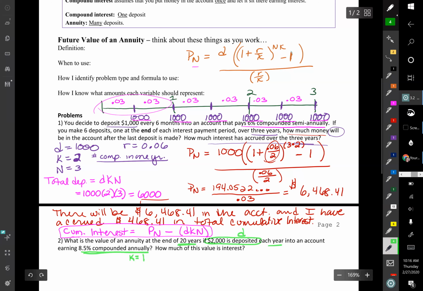I'm depositing each year, so that matches. That's 1. My interest, R, is my annual interest, 0.085. Always move 2 places left.